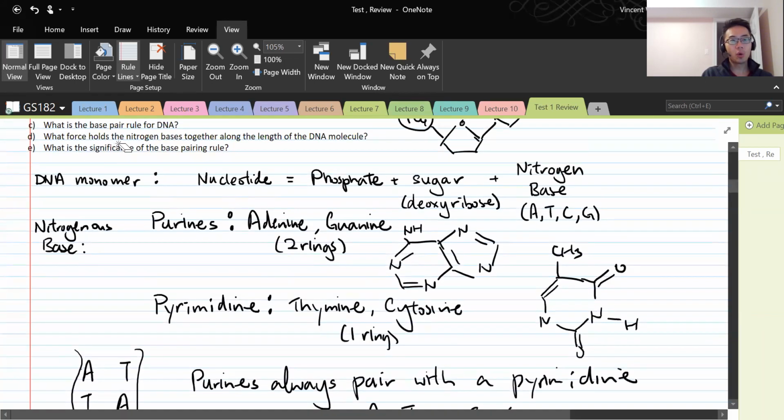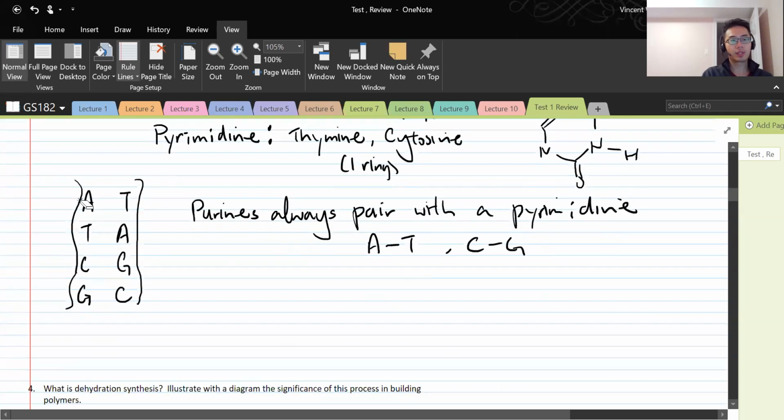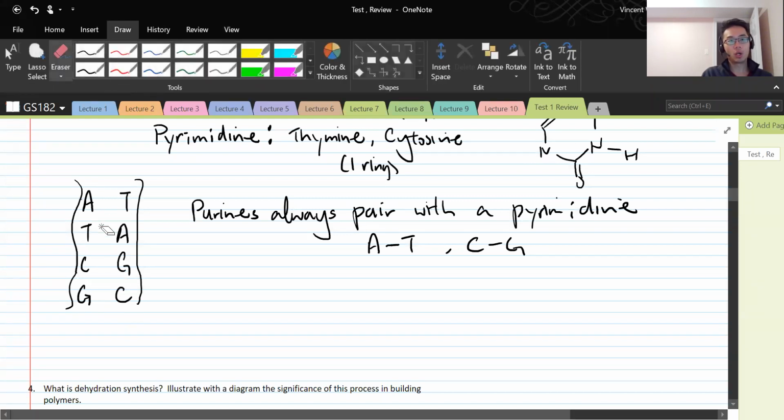What force holds the nitrogen bases together along the length of the DNA? Here is the ATCG, and here's the TAGC. What holds them together? Well, it's the same interaction that we saw with the water molecule. Between a thymine and an adenine, there will be 2 hydrogen bonds. Between the C and the G, there will be 3 hydrogen bonds.